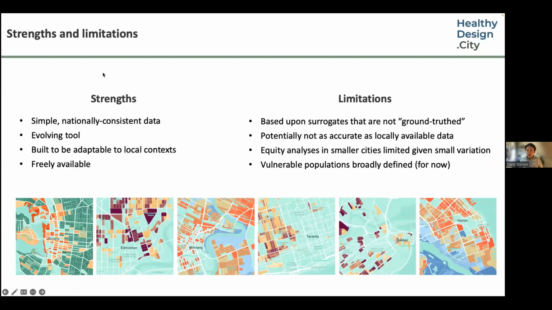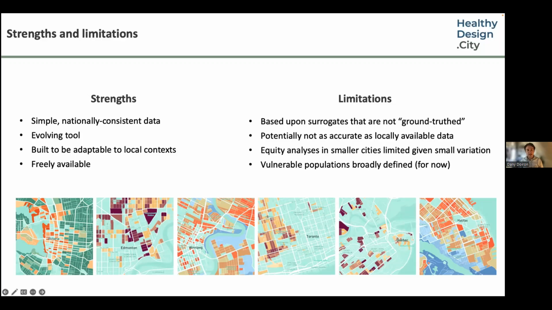So now on to some strengths and limitations of our tool. So the main strength is that it's a simple tool to use, and we're using nationally consistent data. So this allows comparing and benchmarking different cities.